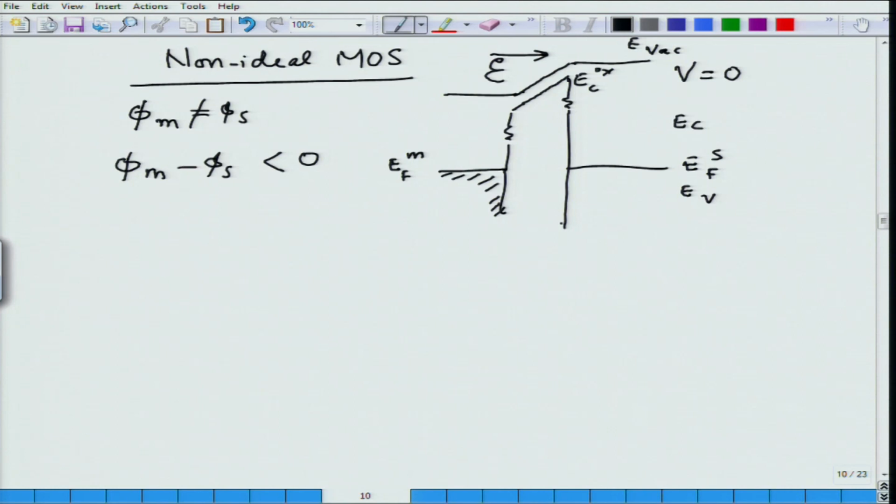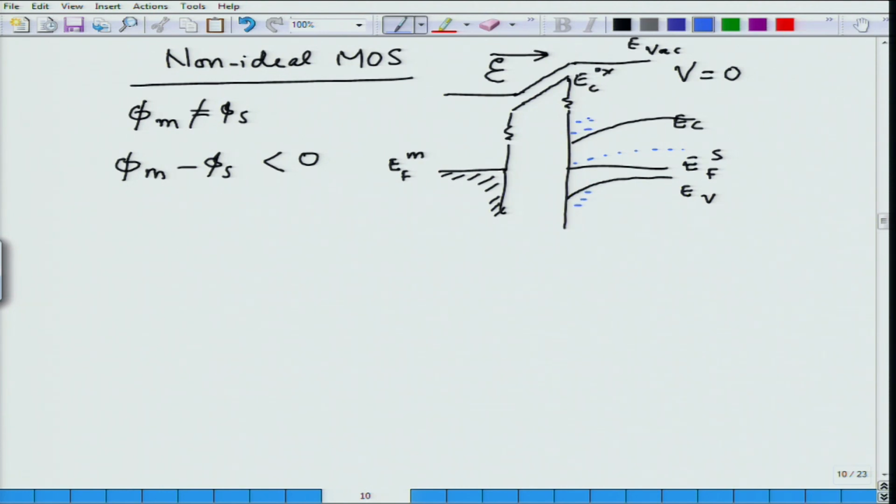And what is going to be the charge? If EF is smaller than ES, it means the negative charge is going to come on this side and there is going to be band bending downwards. So, in equilibrium for a non-ideal MOS, there is going to be downwards band bending, EI is here, and as a result there is going to be accumulation of negative charge.